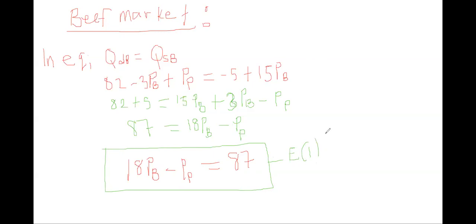And it's nothing but the partial equilibrium in the beef market. So sometimes the question can ask you, calculate the partial equilibrium in the beef market. So this is the equation that we have. We will need this equation.